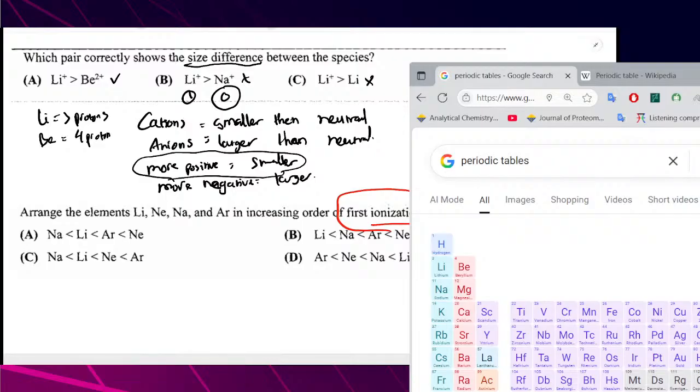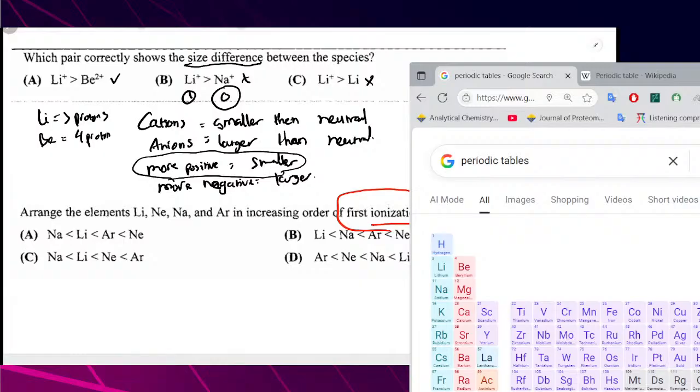Remember the meaning of the first ionization energy: ionization energy is the energy needed to remove one electron.